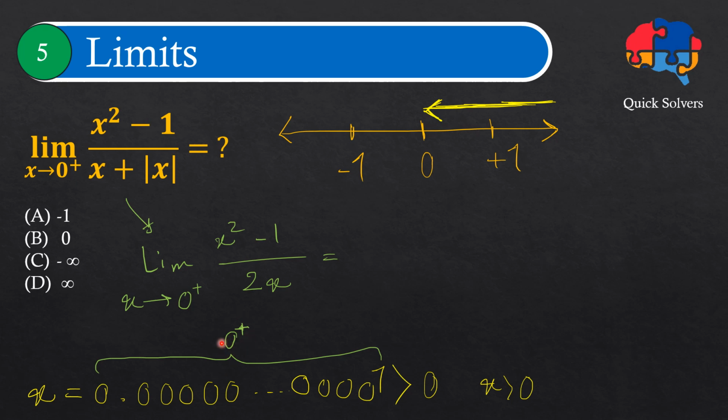When we say this, we mean something larger than 0, but a very small positive number. If I do so, then the limit equals 0 plus squared minus 1 over 2 times 0 plus. Since x is a very small number, 0 plus squared would be even smaller than this. So for simplicity, I can replace this by 0 plus.